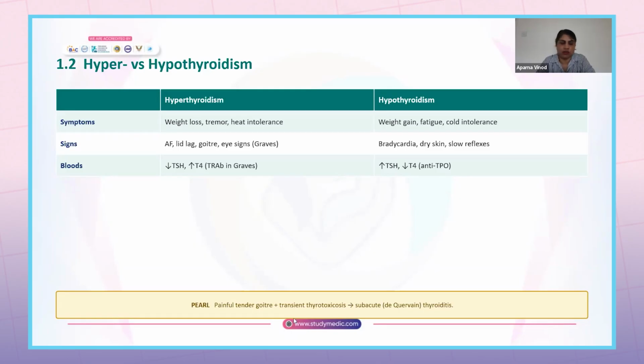If you look at the bloods, like we said in the last slide, in hyperthyroidism TSH will be low and T4 high. When we see high T4, we usually check for antibodies as well, and you will find TRAb antibodies increased in Graves' disease. In hypothyroidism, anti-TPO antibodies will be present. Hypothyroidism means low thyroid hormone and high TSH.